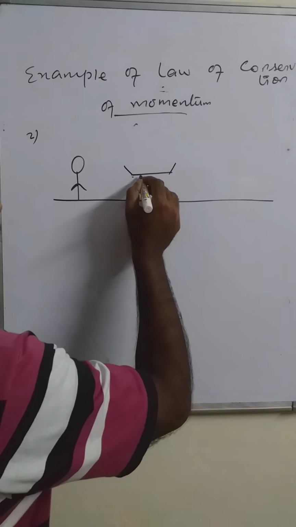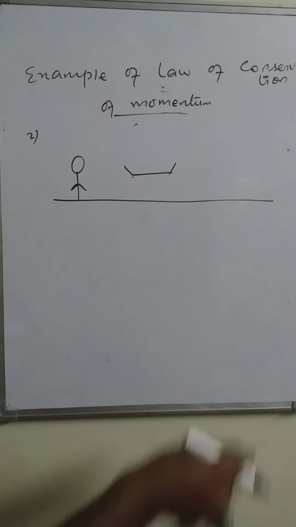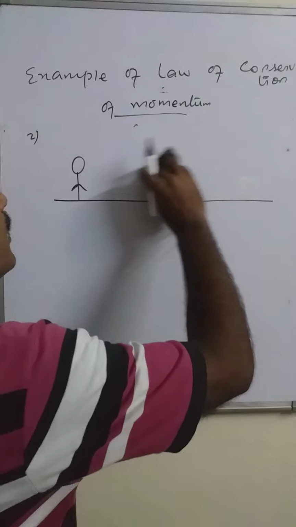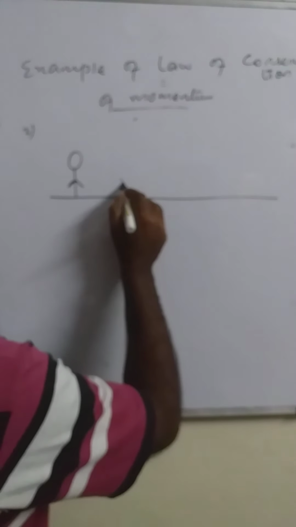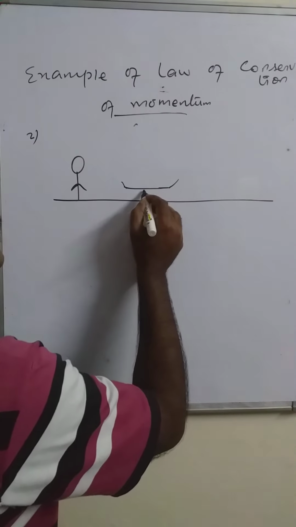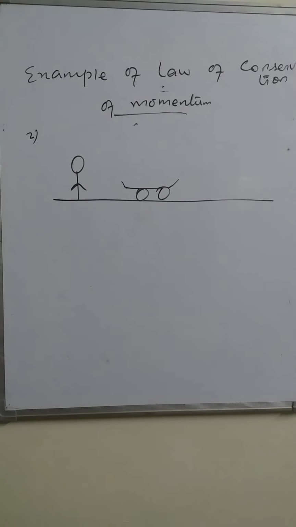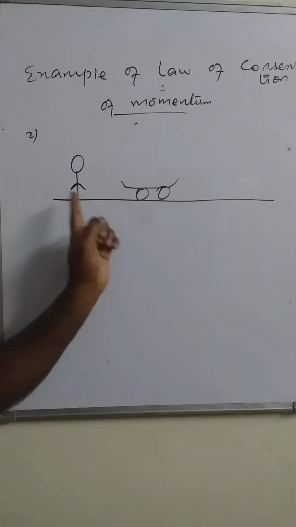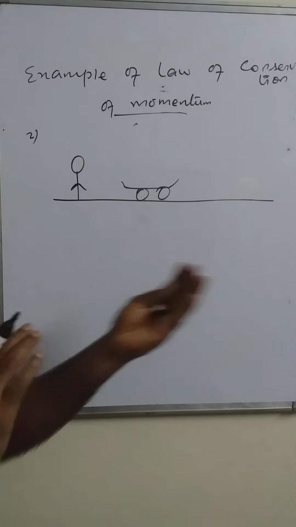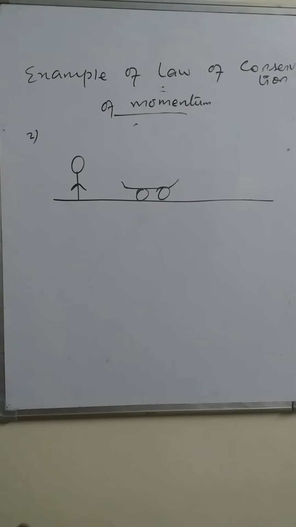This trolley has some mass and the man also has some mass. This is the trolley. Let us assume that in the beginning, trolley and man are separated.